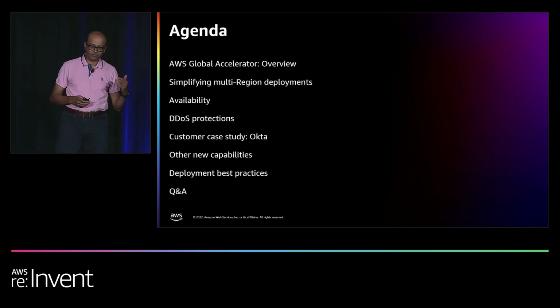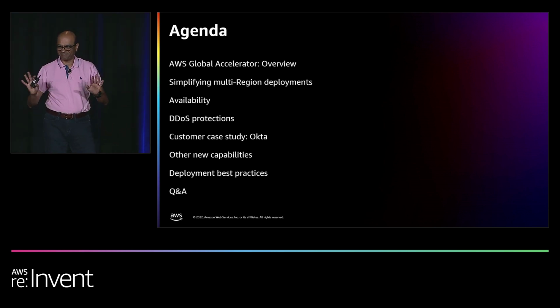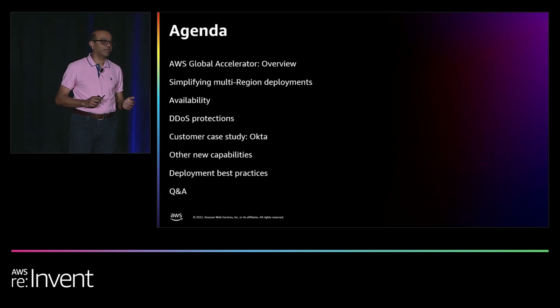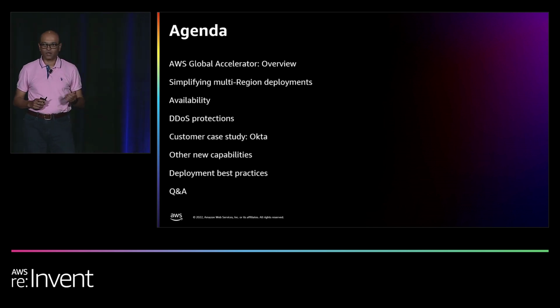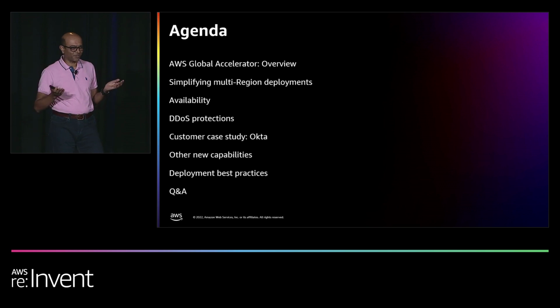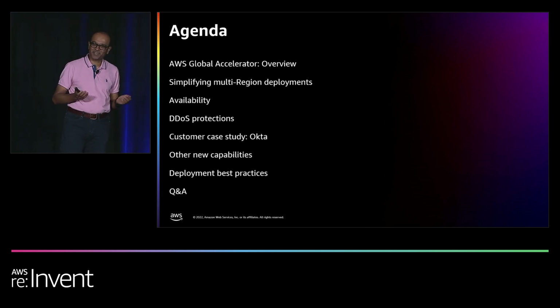So here's what you can expect in the next hour. We will go through a quick recap and refresher on Global Accelerator, very brief, promise. We'll also talk about multi-region deployments and how to improve availability. Now, a lot of folks, when they think about Global Accelerator, think about performance benefits. After all, the name suggests a performance benefit.